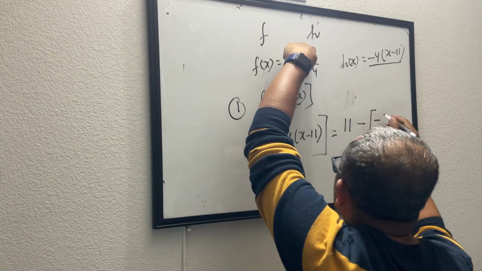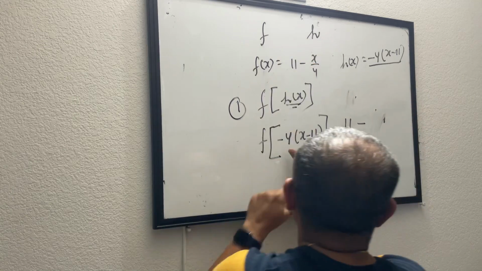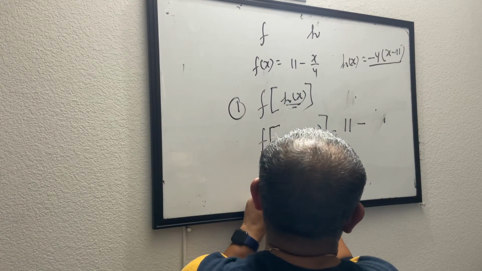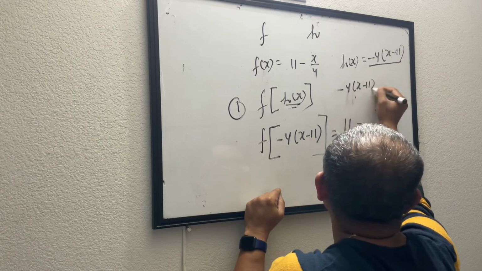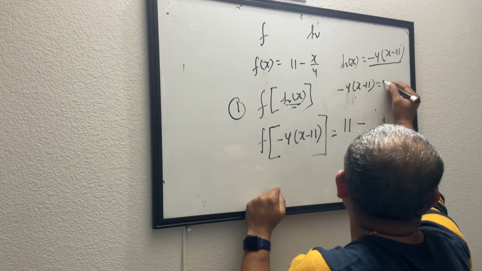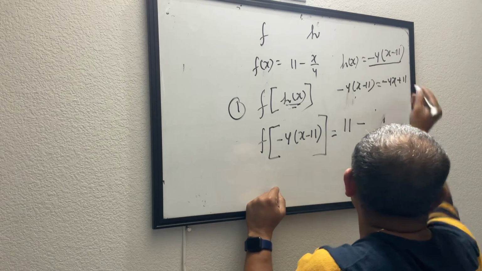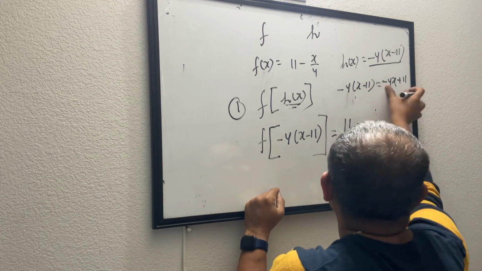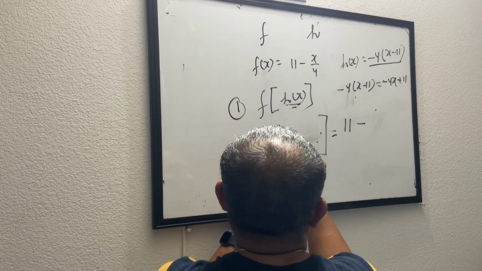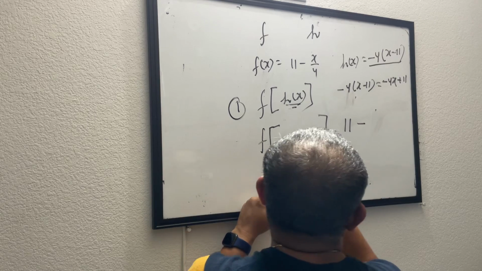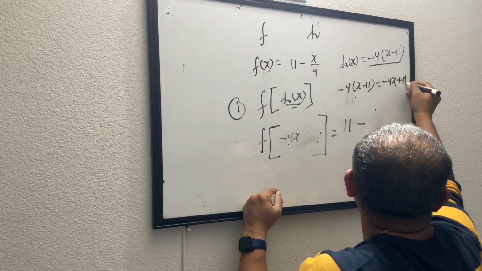Let me simplify this. Minus 4 into x minus 11 will be equal to minus 4 into x is minus 4x. Minus into minus plus 11. What am I doing? 4 into 11, 44, sorry, my bad.